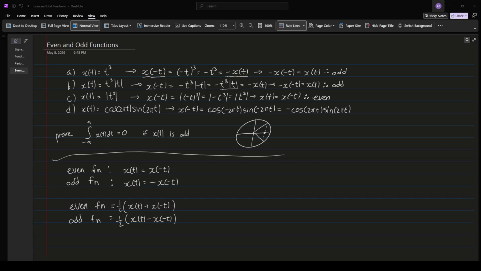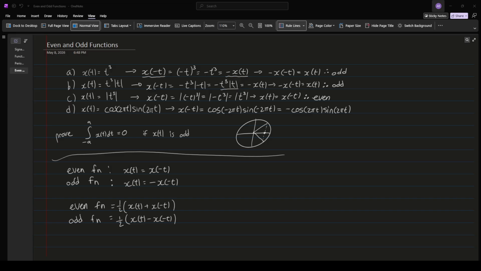The reason we have this negative is because sine of negative 2 pi t is equal to negative sine of 2 pi t. That makes sense. We had the negative inside here, we could just bring it out. And for cos, we could just put the negative inside the parentheses and remove it. It's the same thing.